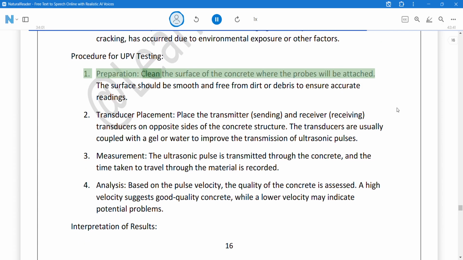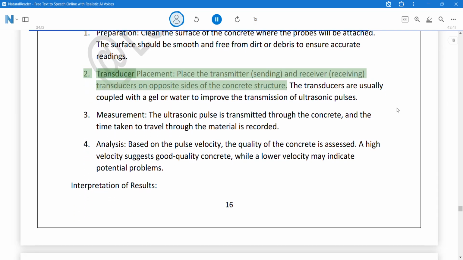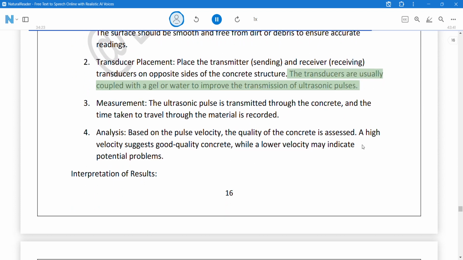Procedure for UPV testing. 1. Preparation. Clean the surface of the concrete where the probes will be attached. The surface should be smooth and free from dirt or debris to ensure accurate readings. 2. Transducer placement. Place the transmitter and receiver transducers on opposite sides of the concrete structure.